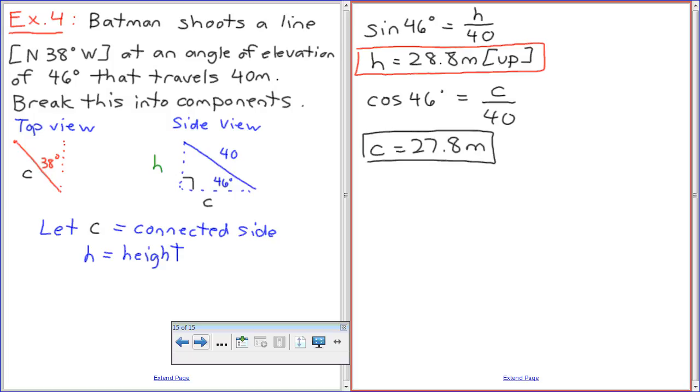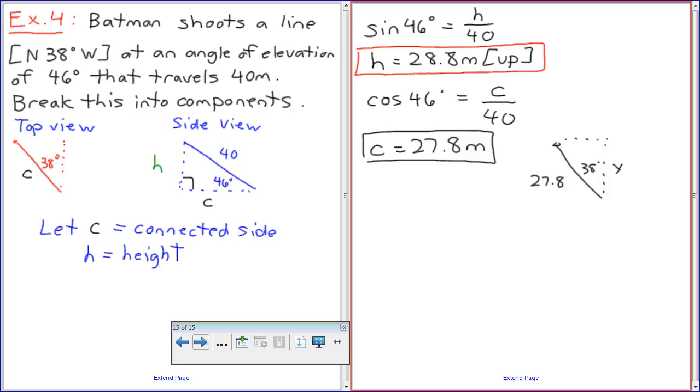Okay, then for our final thing to finish this up here. That is the direction of, I guess horizontal would be north 38 degrees west would be the direction. Actually, this doesn't really have a direction yet. So this is 27.8.